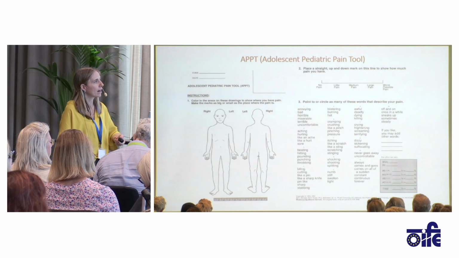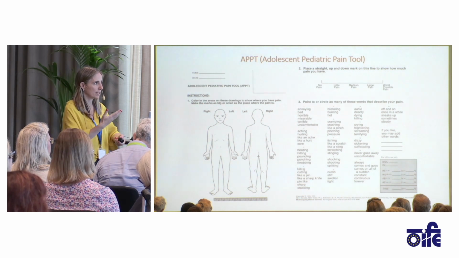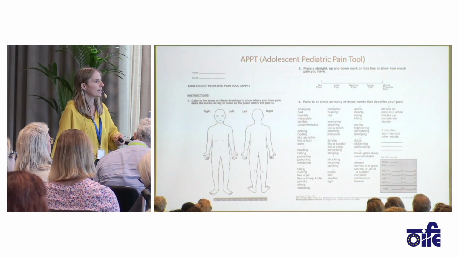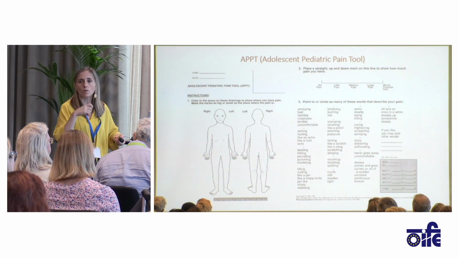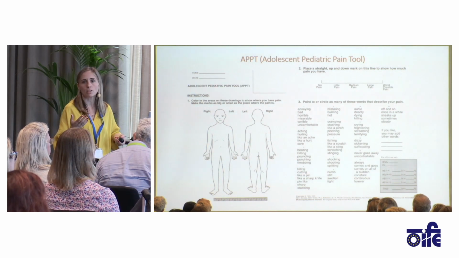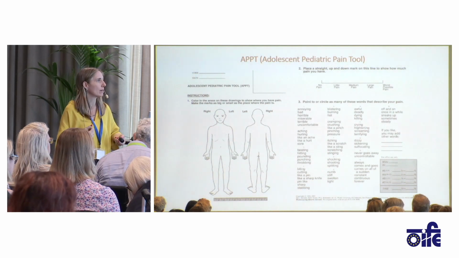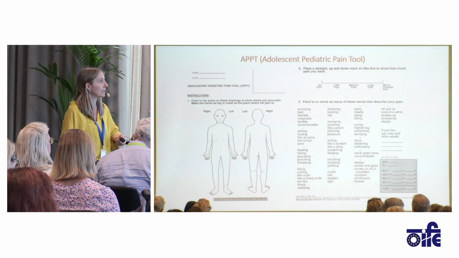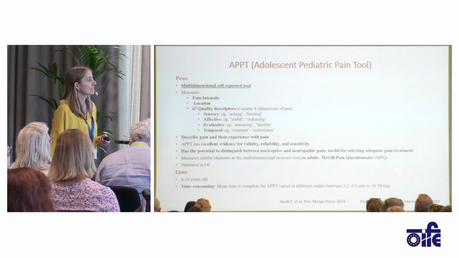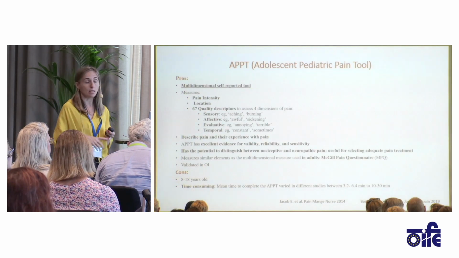And there are also many pain descriptors that you can see here that the person can circle, and this will give you information about the quality of the pain, about how pain is affecting behavior, and also the temporality of pain.